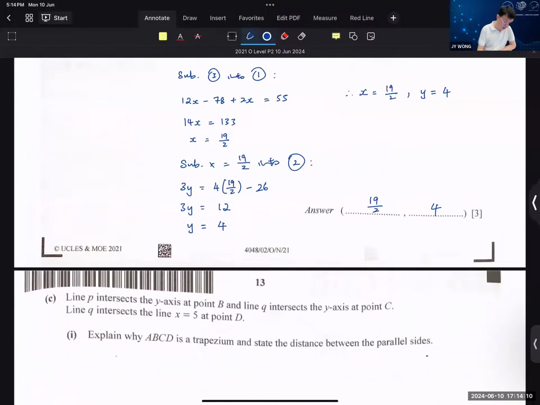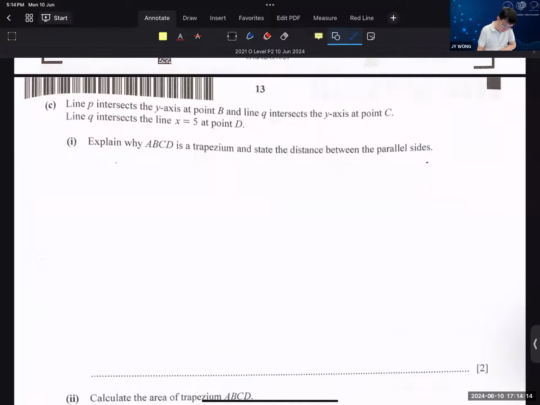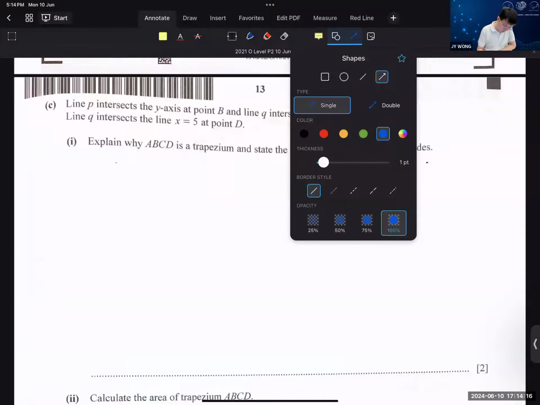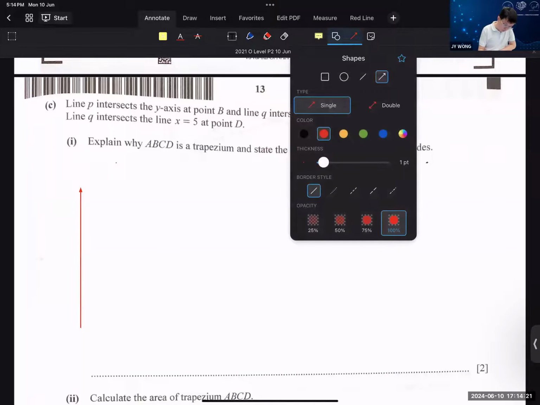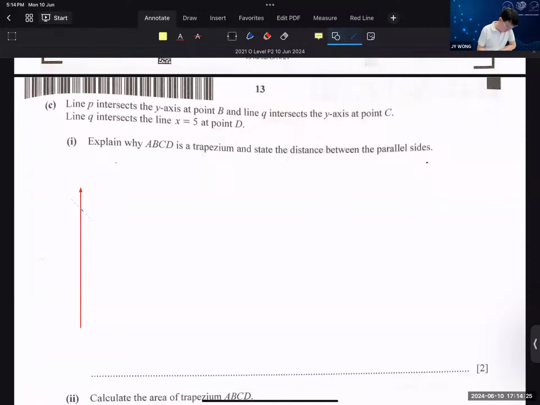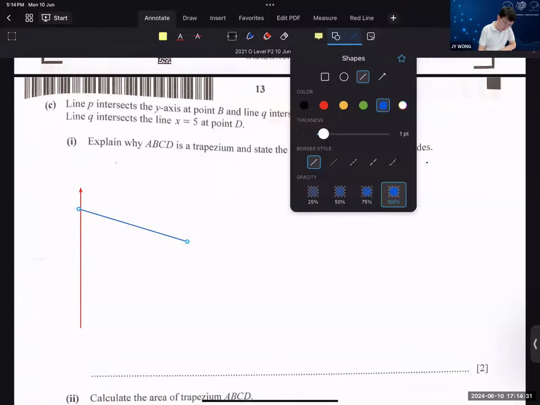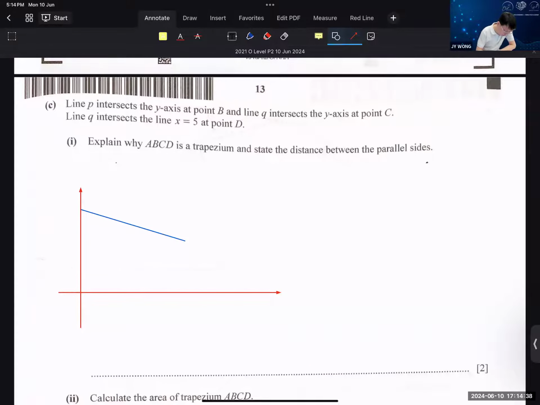So line P has a negative gradient, which means it's downward sloping. So my line P should look something like this. It passes through the point (5, 5). So you should get something like this.